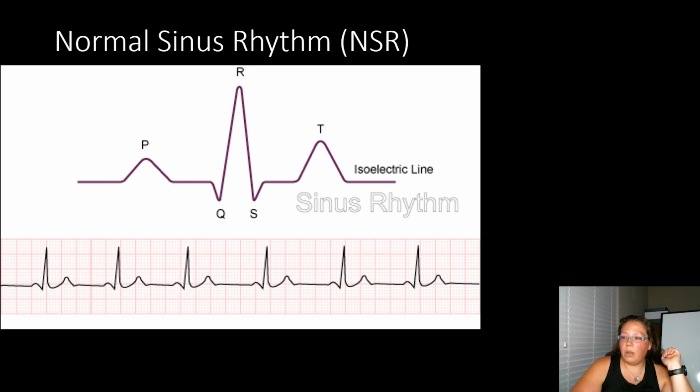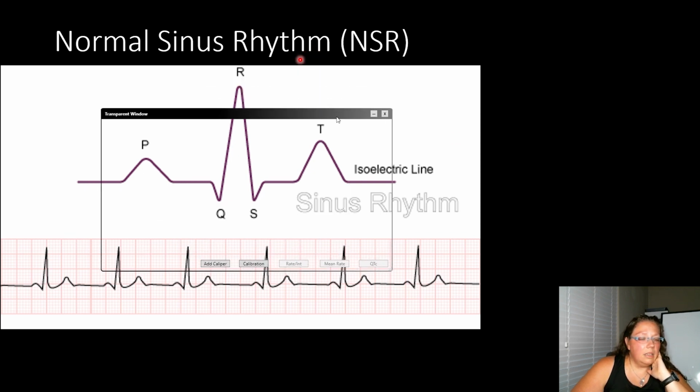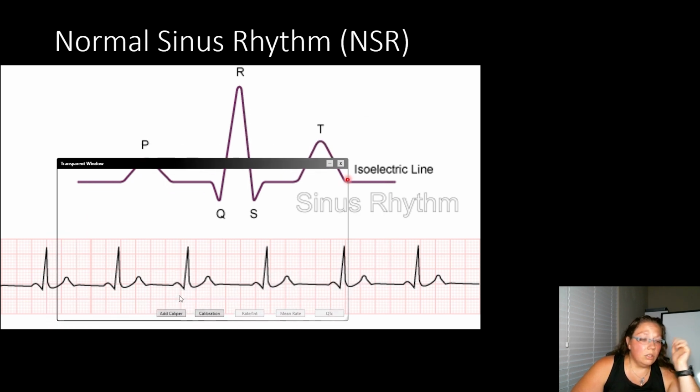Now I'm going to pull out these calipers. I'm so excited about them. Last week I talked about having calipers that you can march out the QRSs to see if a rhythm is regular. Usually in the hospital, when you have your monitor that has all the rhythms, you can pull up a rhythm and they have calipers already built into the system.